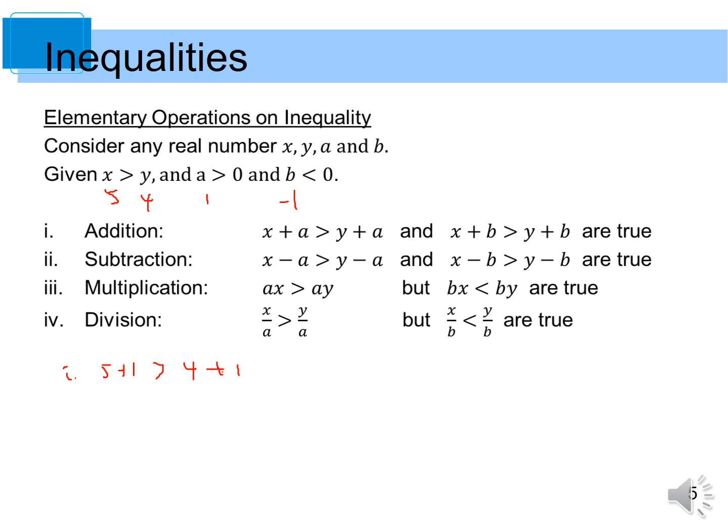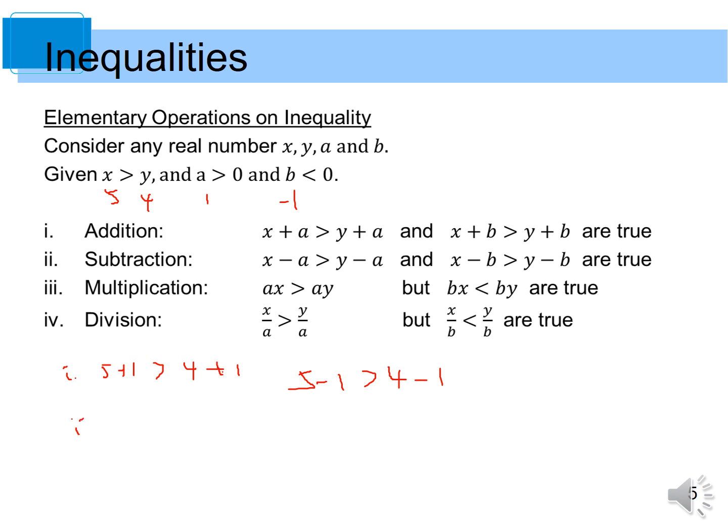And x, which is 5, plus b, where b is a negative value, is greater than y, which is 4, plus b. So 4 greater than 3 is true.